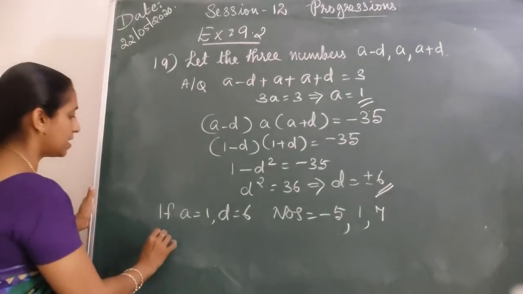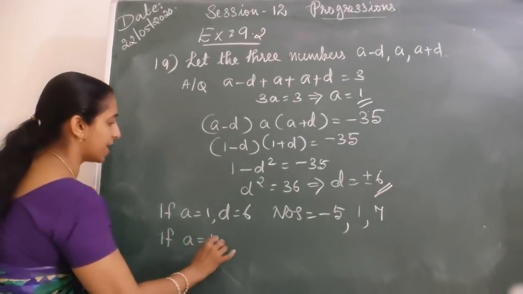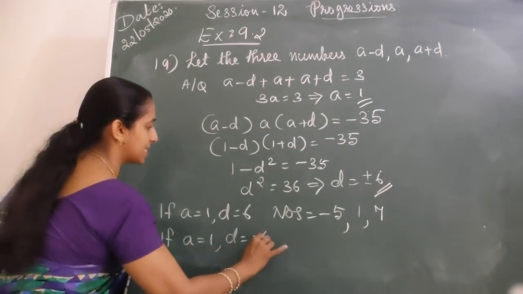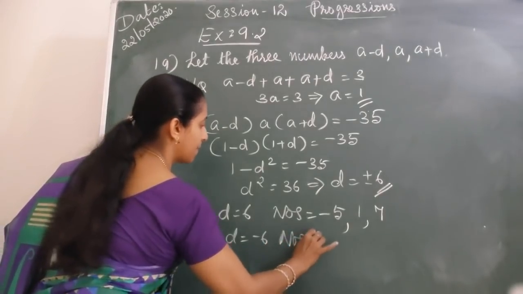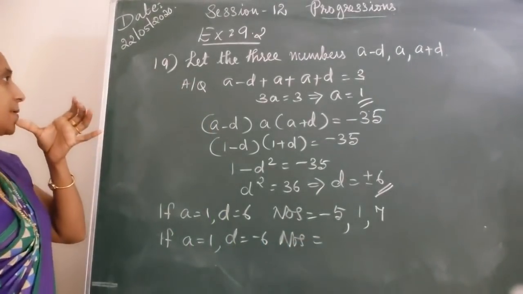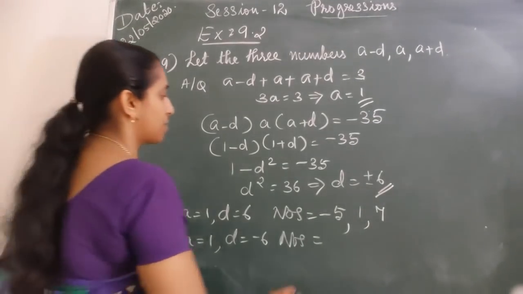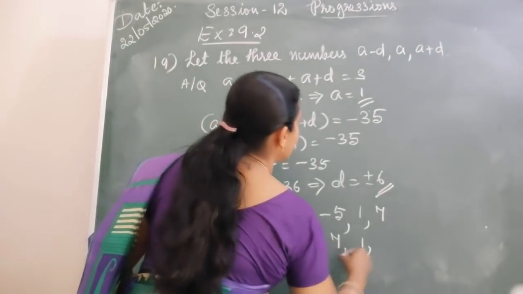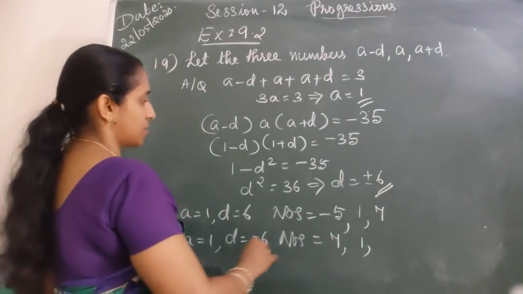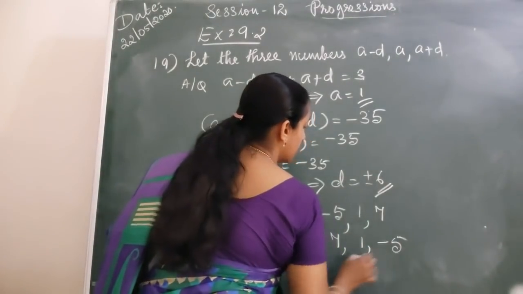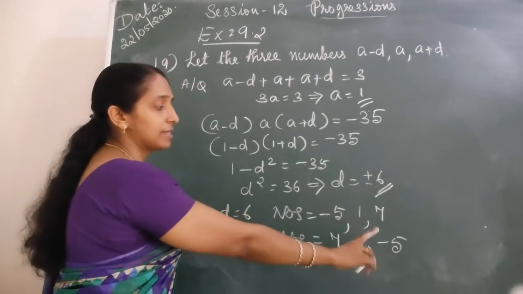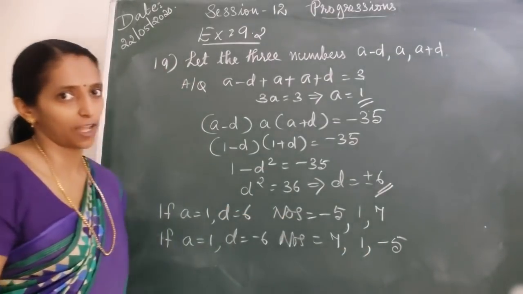Right? And if a equal to 1 and d equal to minus 6, numbers will be, what will you get? 1 minus minus 6, 7, 1, and 1 plus minus 6, minus 5. So either the sequence will go in ascending order or descending order.